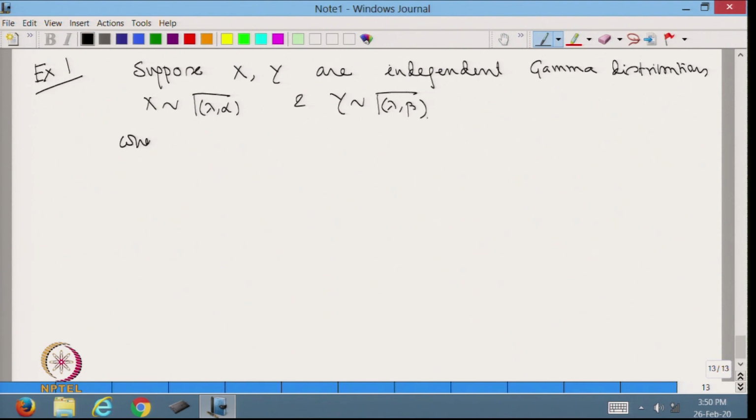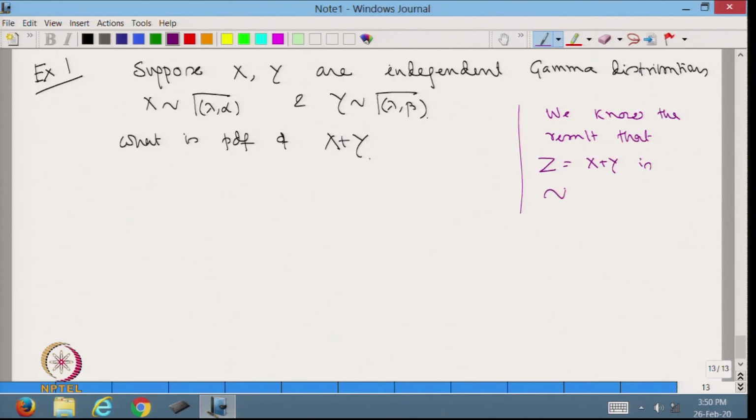What is the PDF of x plus y? Note, we know the result that z is equal to x plus y is distributed as gamma with lambda comma alpha plus beta.